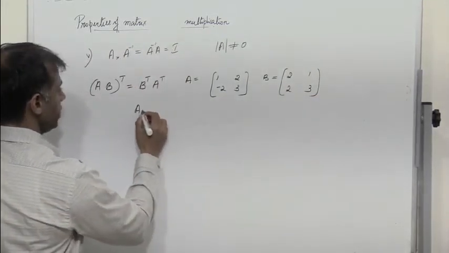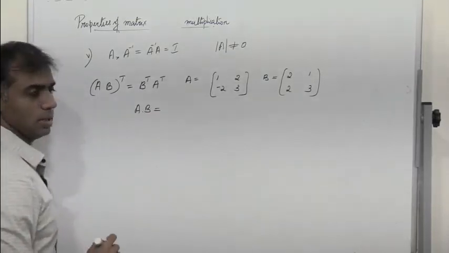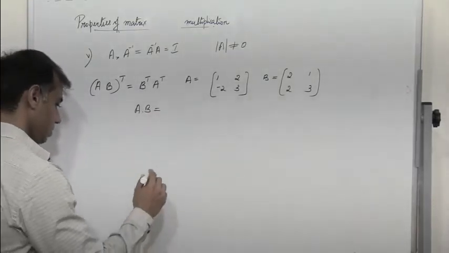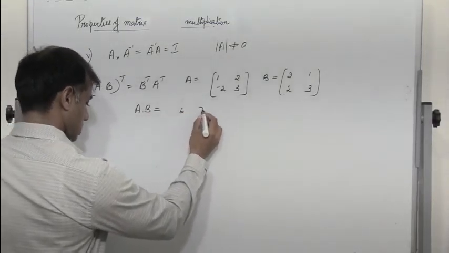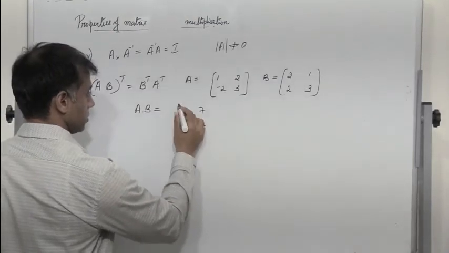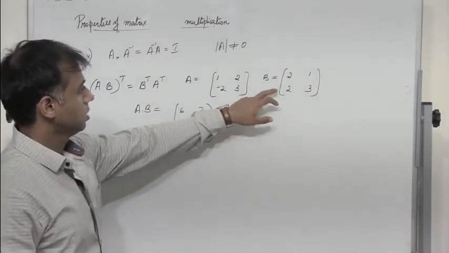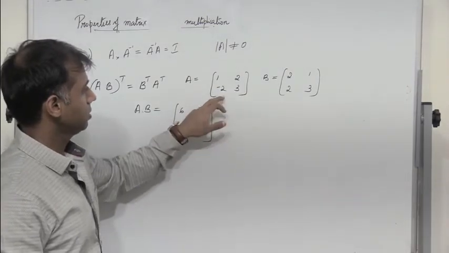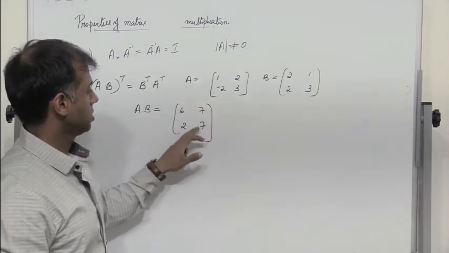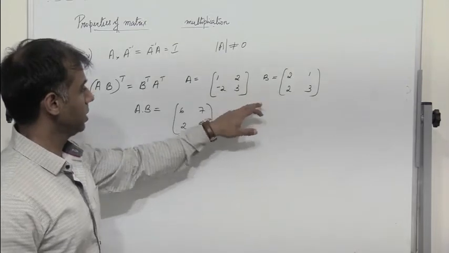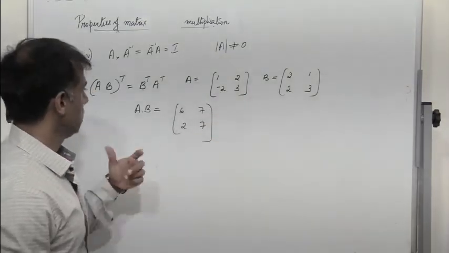And what was AB? We had just calculated the values of AB. The value of AB is 6, 7, 2, 7. Right? 2 plus 4 is 6, 1 plus 6 is 7, minus 4 plus 6 is 2, and then minus 1 plus minus 7. Right?